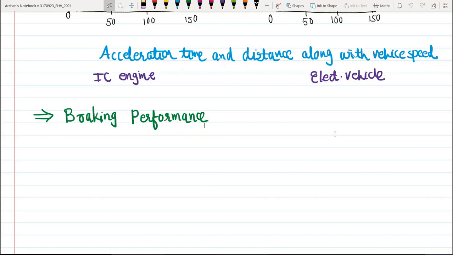That is why in most of the vehicles now regenerative braking is used. To understand the braking performance very well, we require to understand the braking force and braking distribution in the axles. So we'll start with the first parameter, which is the braking force.